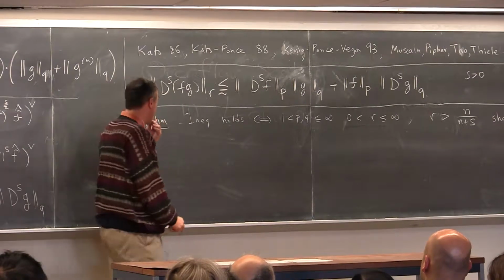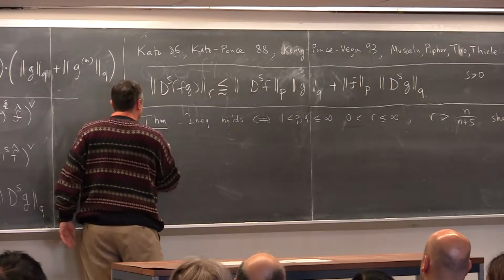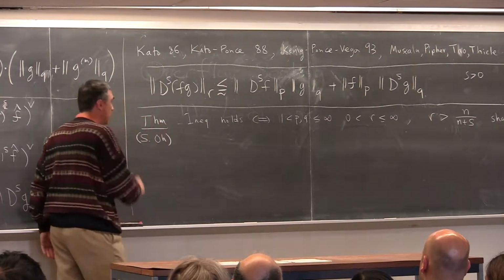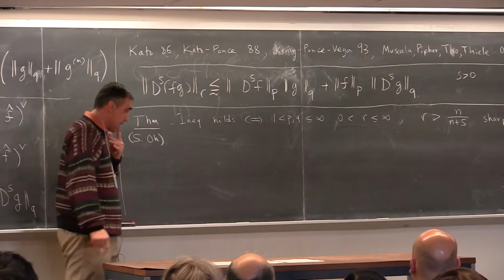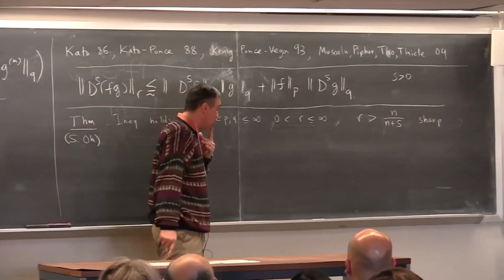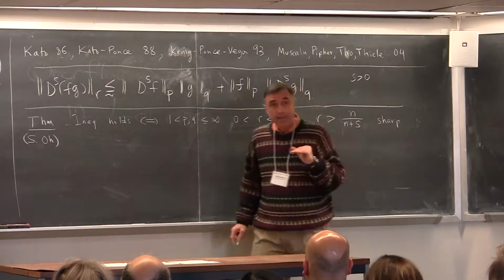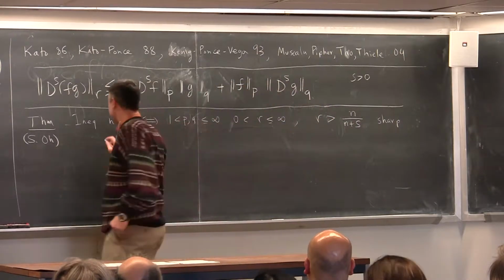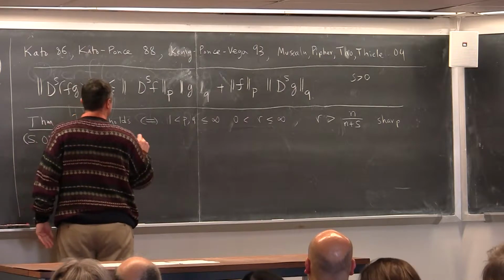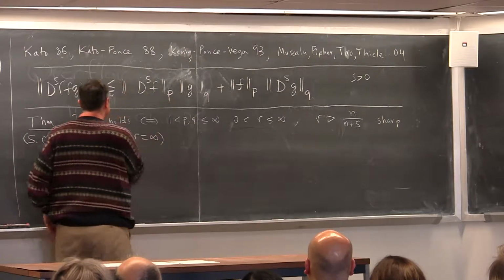Okay, so this is joint work with Sengli O, who's my postdoc. And I want to point out that the case where all indices were equal to infinity was left open in our paper. The case P equals Q equals R equals infinity. That case was left open.